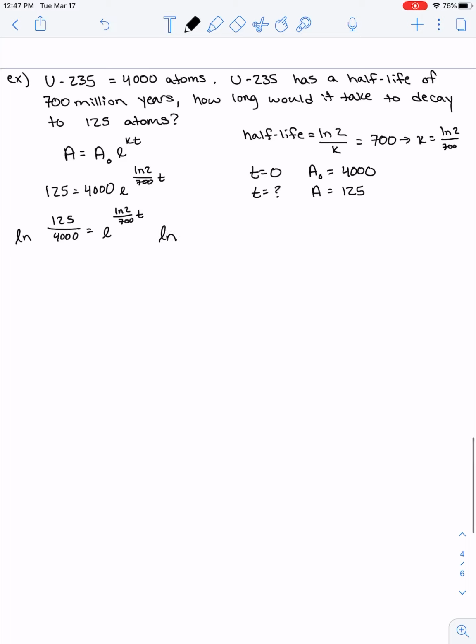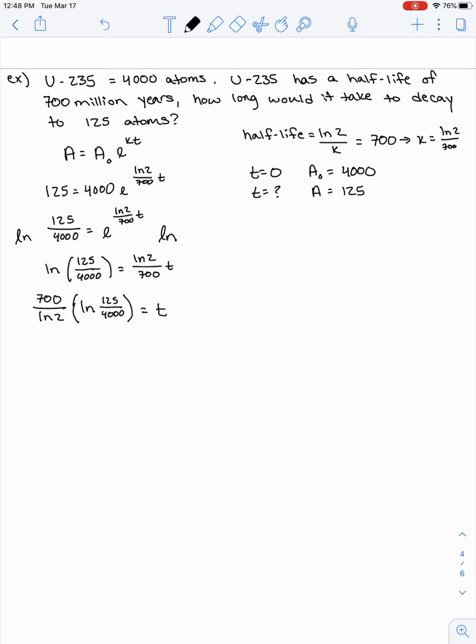We have the natural log of 125 over 4,000 equals natural log of 2 over 700 times t. And now if we solve for t, we get 700 over the natural log of 2 times natural log of 125 over 4,000 equals t.